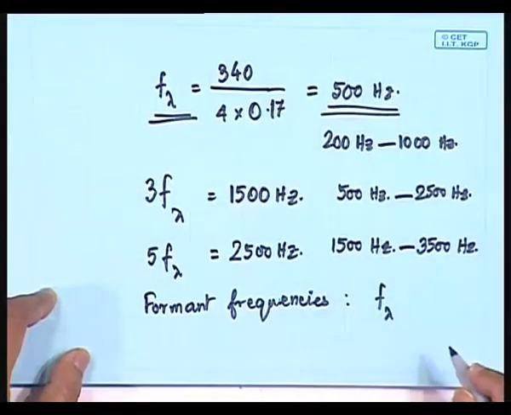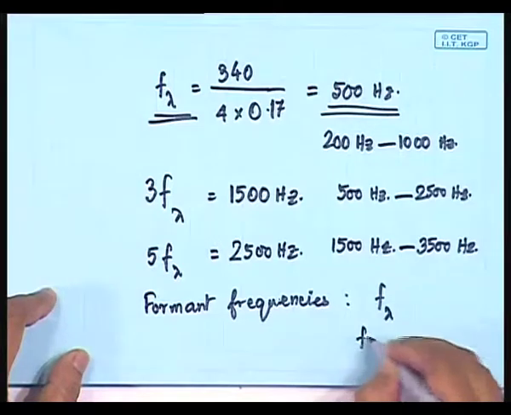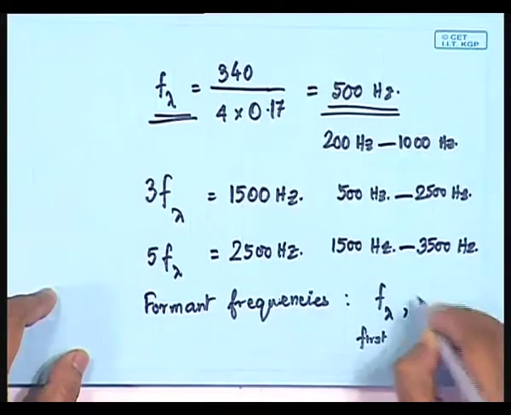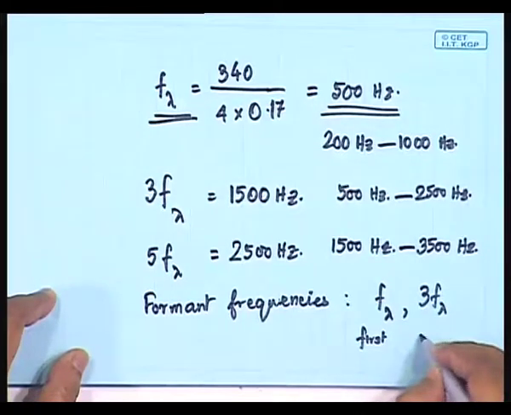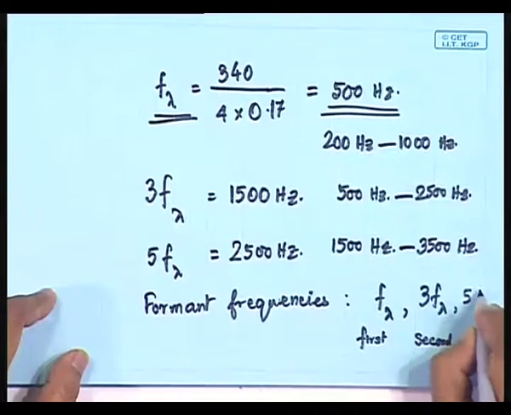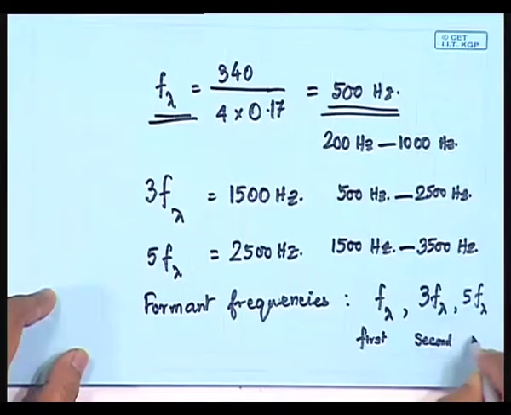So, f lambda is the first formant frequency. The second formant frequency is 3 of f lambda. The third formant frequency is 5 times f lambda, and so on.